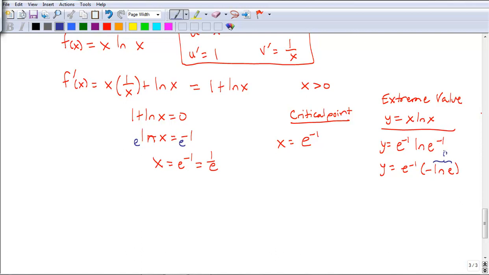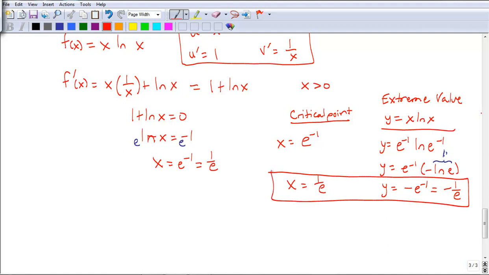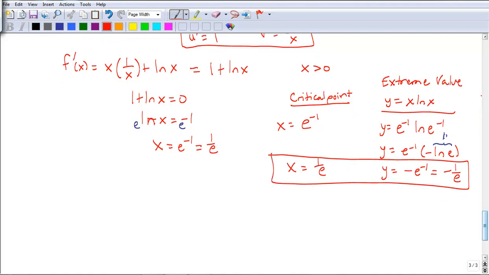By the way, you could have typed this into your calculator, although it wouldn't have looked as nice. So I get negative e to the negative 1, which is negative 1 over e. So my critical point and my extreme value is 1 over e, negative 1 over e.